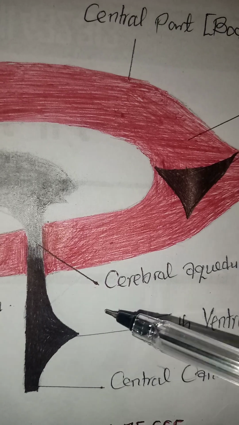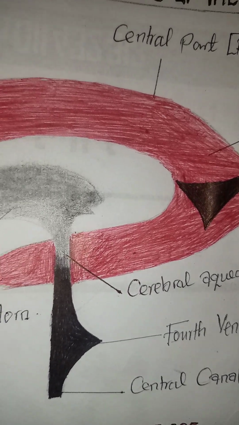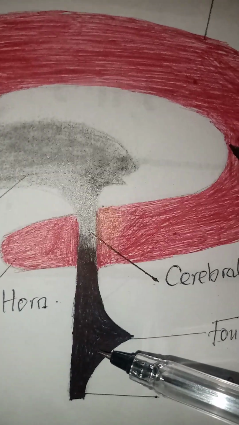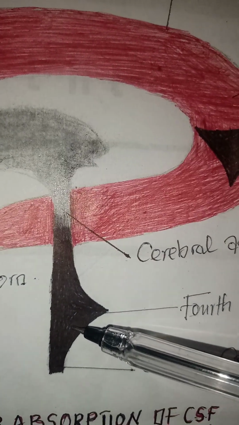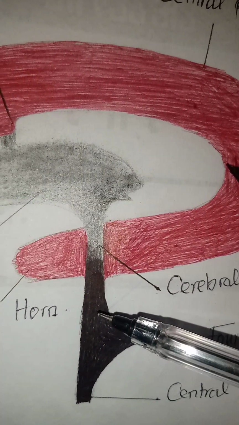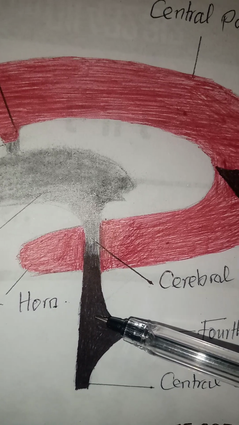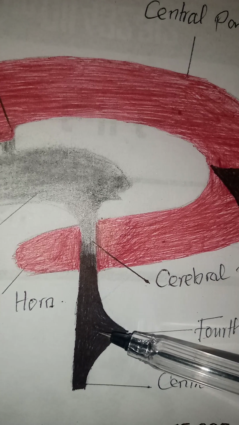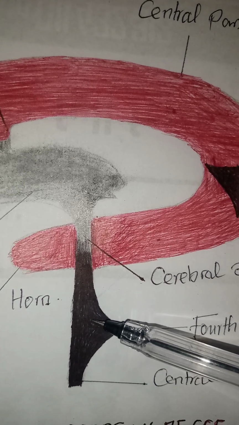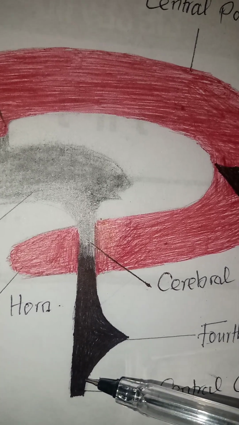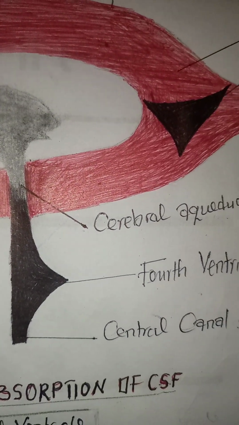Now let's come over here and talk about the last ventricle, which is your fourth ventricle. In terms of the position, it lies on the posterior aspect of the pons and medulla. Then inferiorly it continues with the central canal.